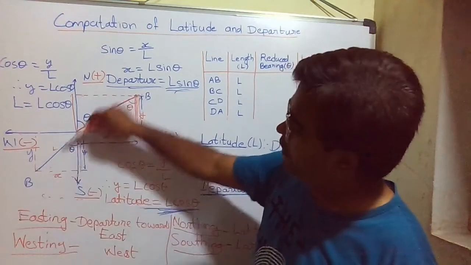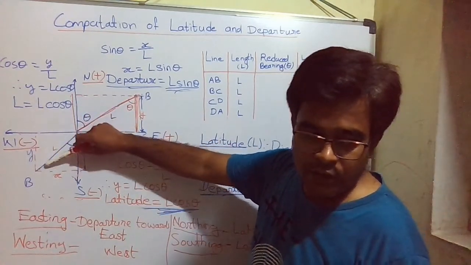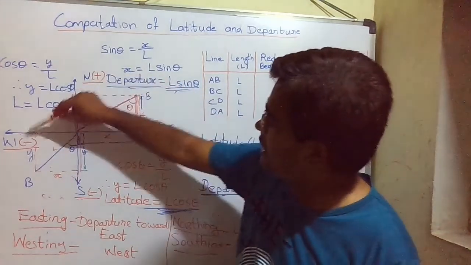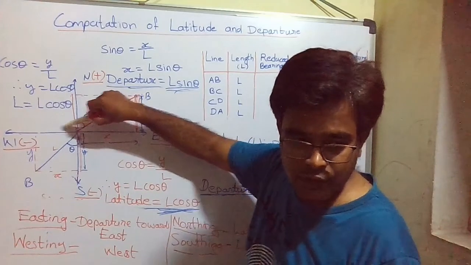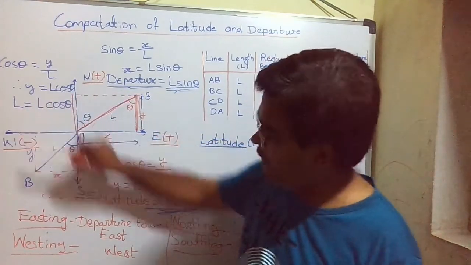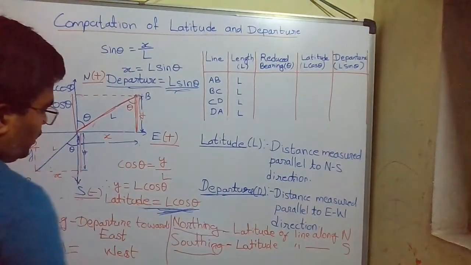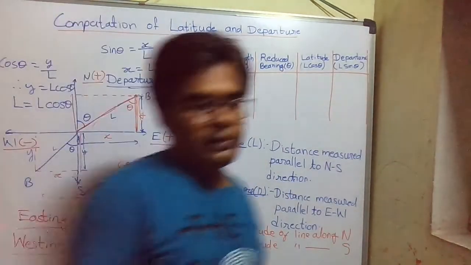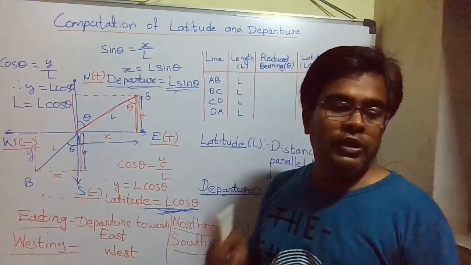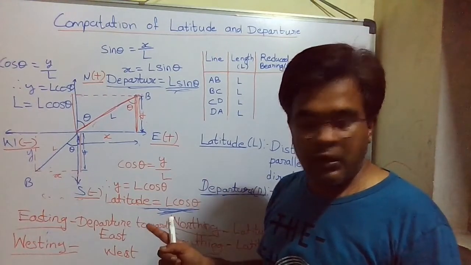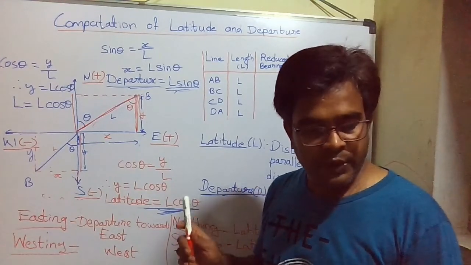The departure of this line, that is the distance of the line along east-west direction, is this distance, and this is towards west, so it is called westing. Okay, so now latitude along north is called northing, latitude along south is called southing, departure towards east is called easting, and departure towards west is called westing.